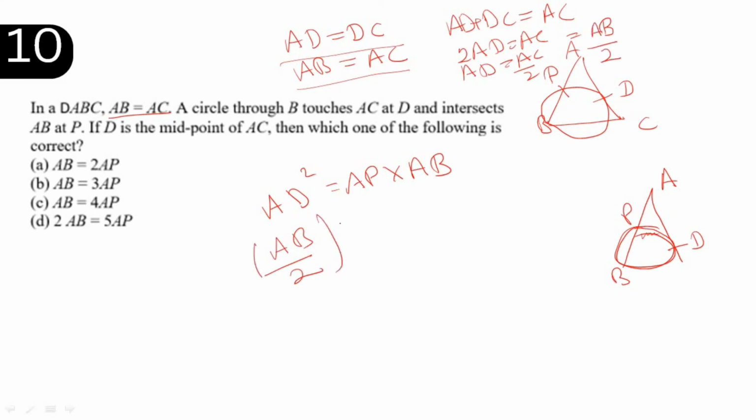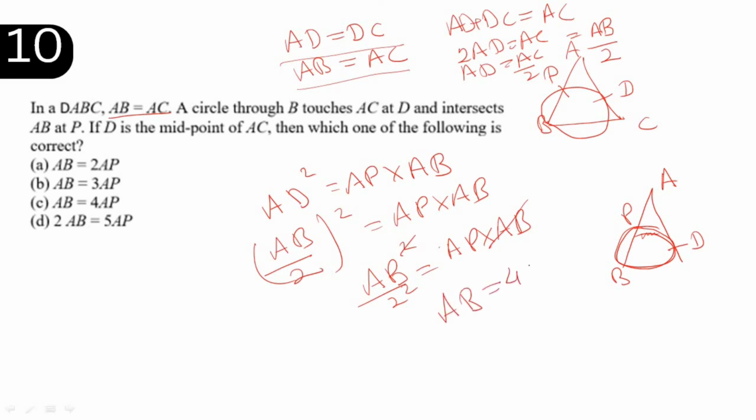So AB by 2 whole square is equal to AP into AB. AB square by 4 is equal to AP into AB. AB and AB cancel out. So here comes AB is equal to 4AP, which is the right answer. So the right answer here is option C.